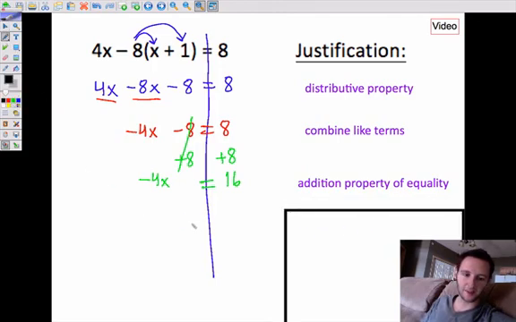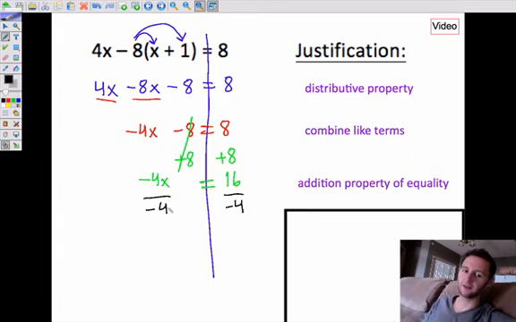And the very last step that I have to do is to divide by a negative 4 on that side and a negative 4 here. And the reason that I divide by a negative 4 is because the coefficient on this x is negative 4. Okay, dividing by a positive 4 will result in a negative x here.